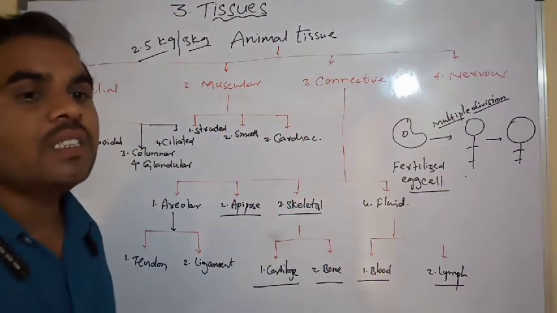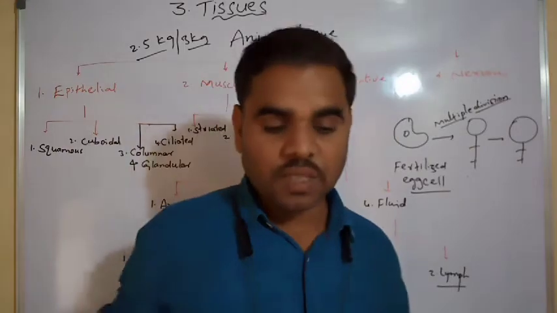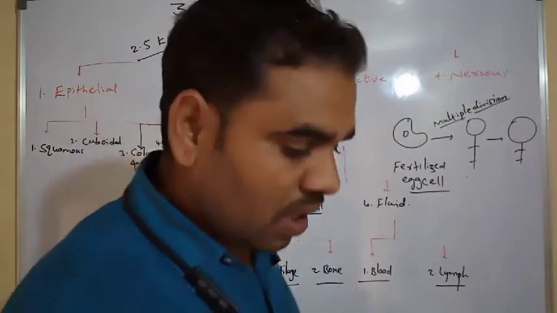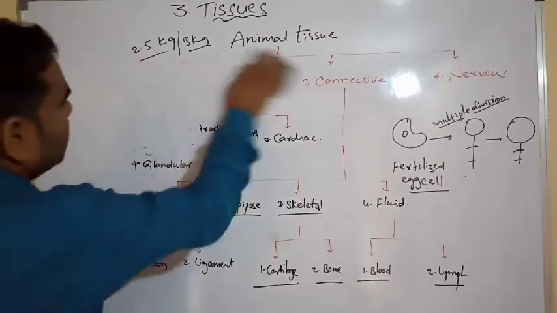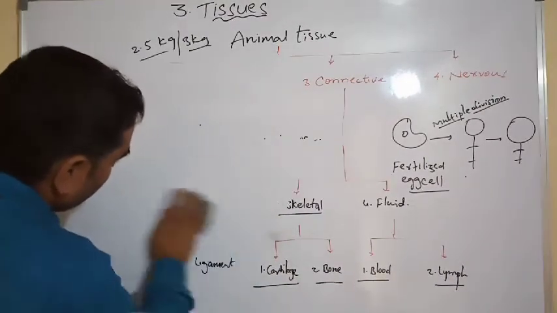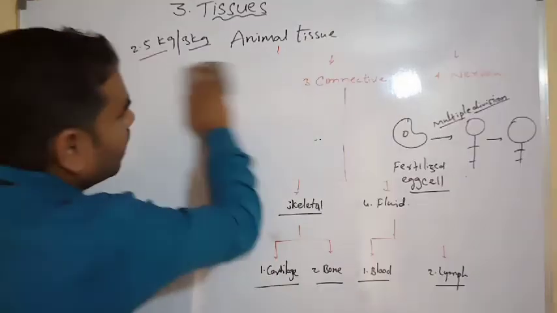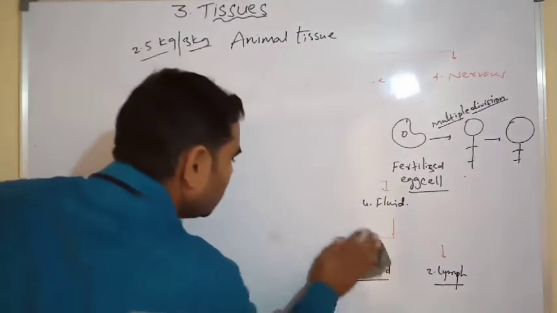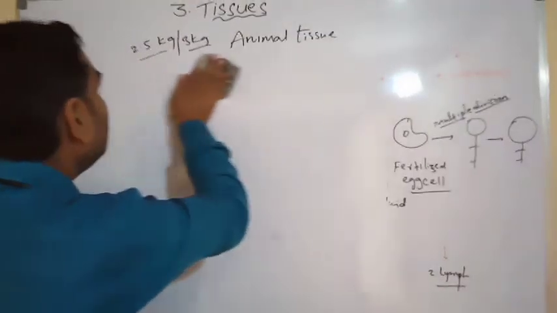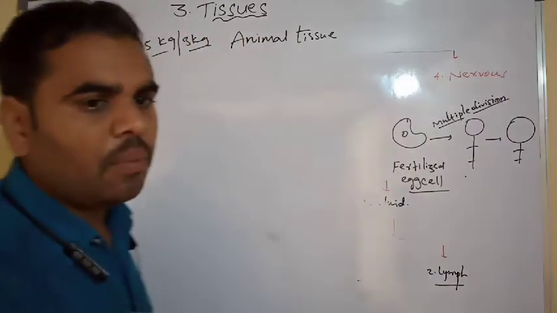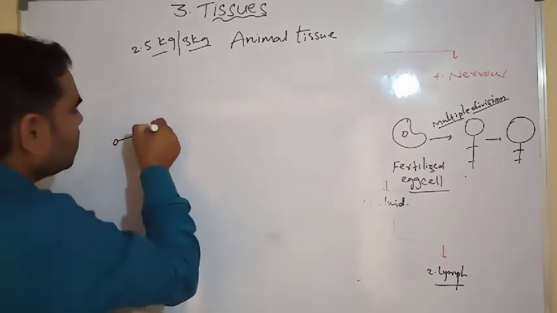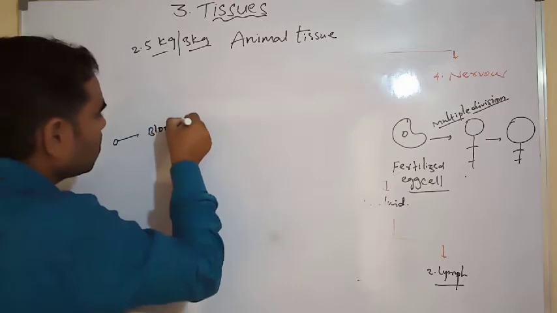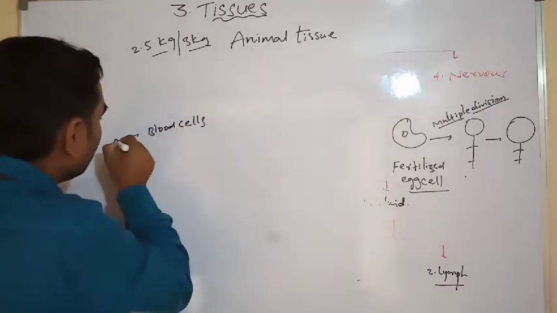See, this is how cells are there. These cells are dividing, and a number of cells are forming. For example, this cell is dividing. This is a blood cell.